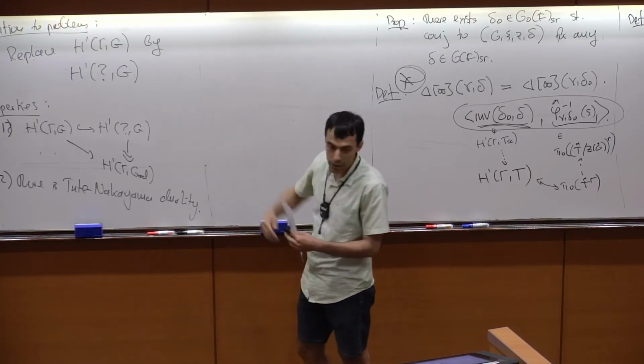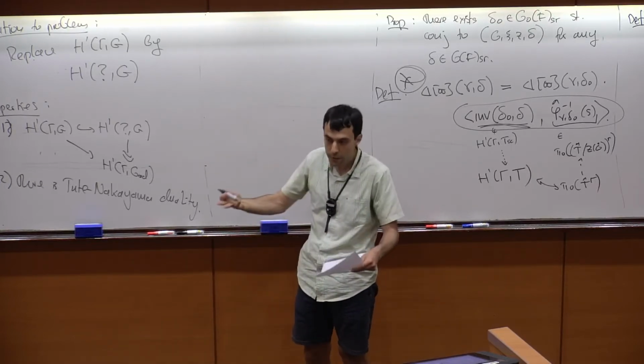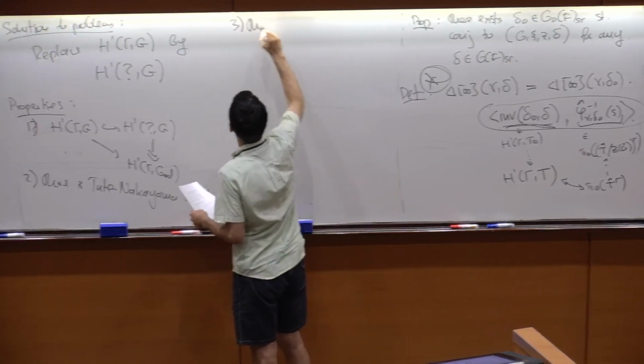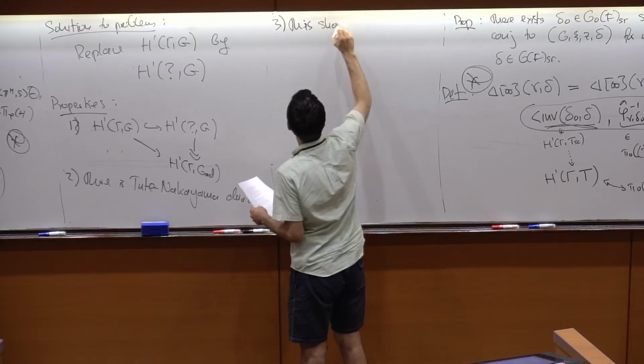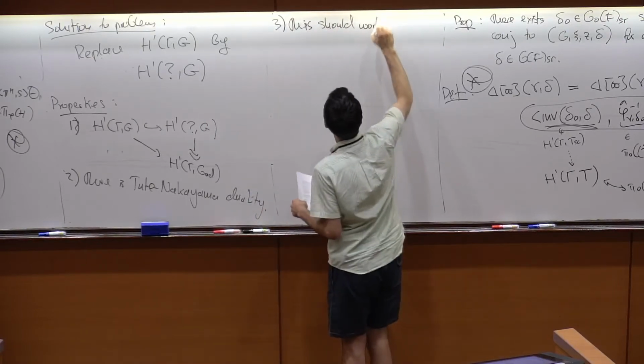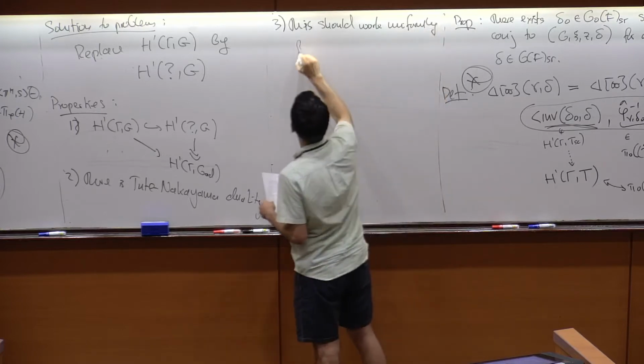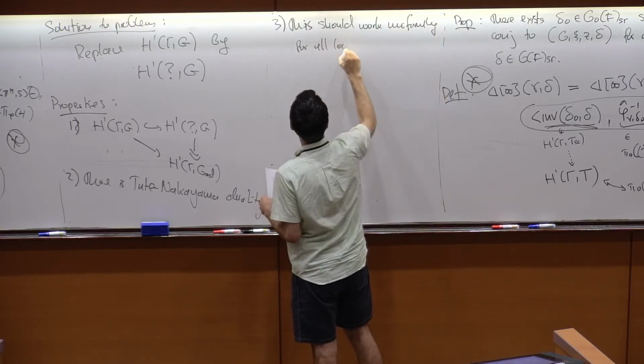For this new question mark cohomology, there should be a version of Tate-Nakayama duality. 3, this should work uniformly for all local fields.